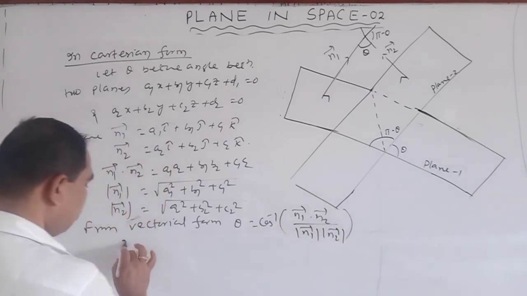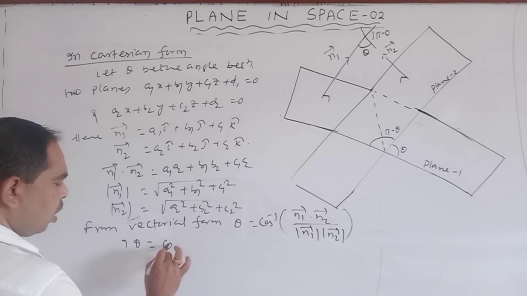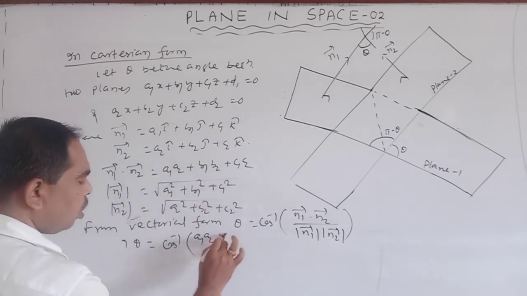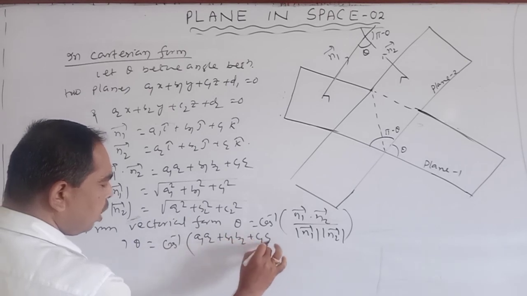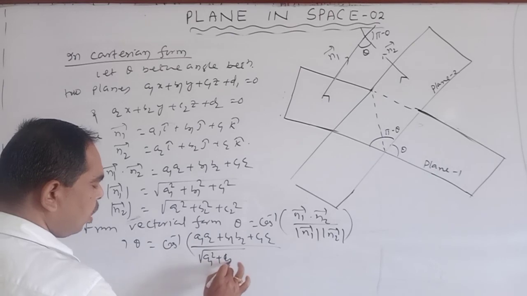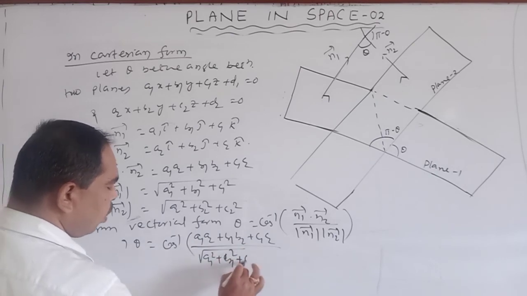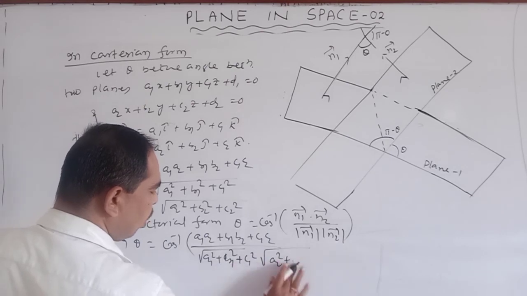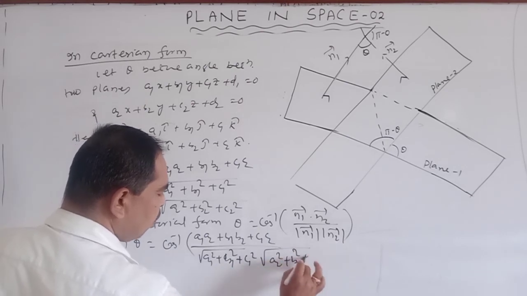So theta is equal to cos inverse of a1 a2 plus b1 b2 plus c1 c2 by square root of a1 square plus b1 square plus c1 square into square root of a2 square plus b2 square plus c2 square.